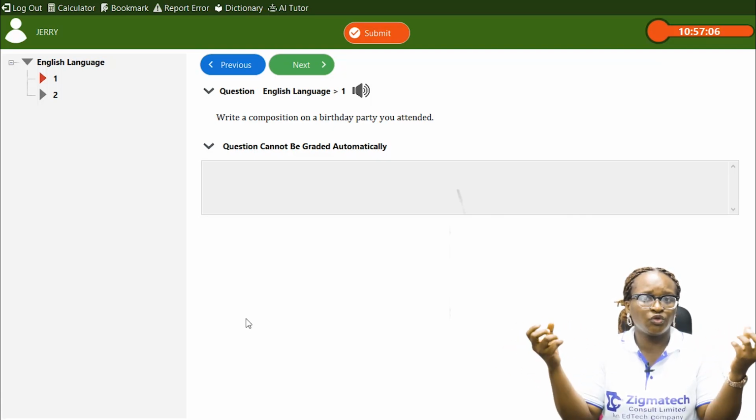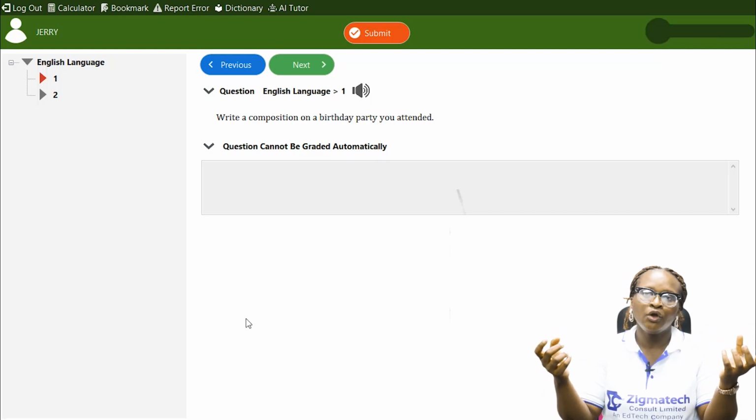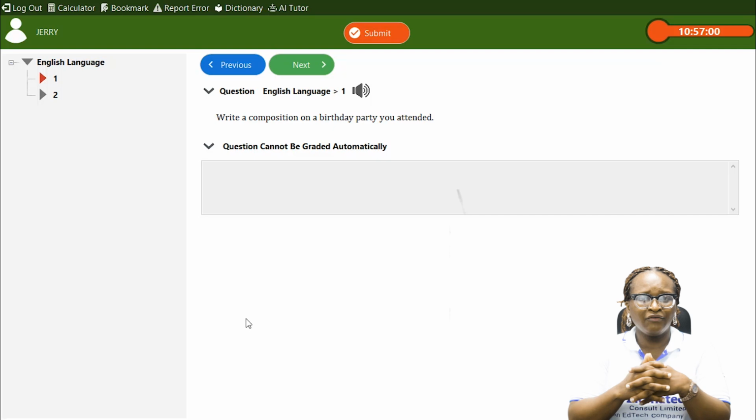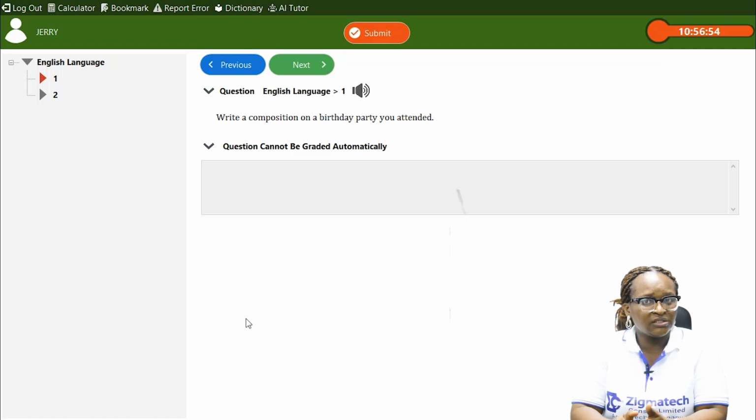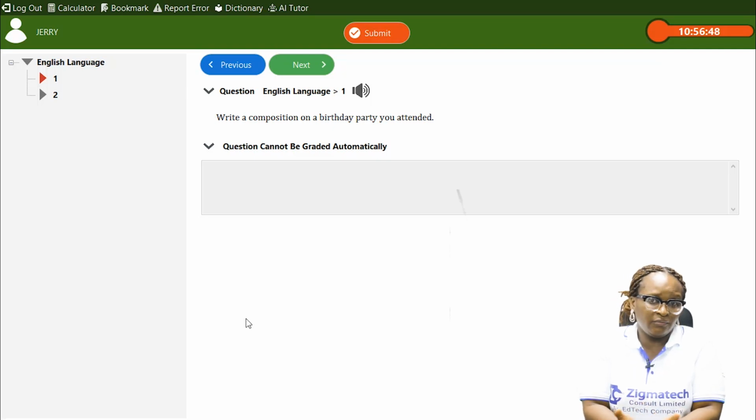And that is why in expository essay, you do more of educating and informing. All right, so you don't have much of narrating things, rather you do more of explaining how a particular thing is done, or a new approach to doing something that may be known by people, but there is a new way of doing it.